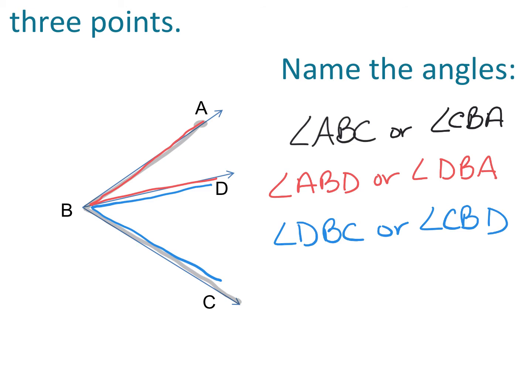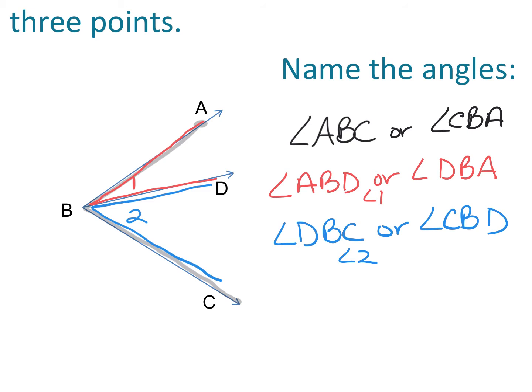If I were to also have added in little numbers in here, I could have also said that this is angle 1, the red one, or this could be angle 2. Now I wouldn't add 1 plus 2 and say that the black one, the whole thing, is 3.